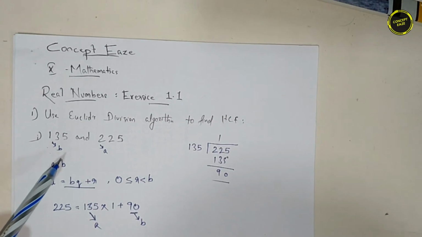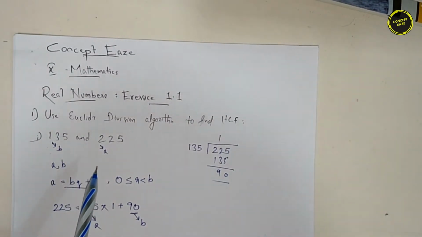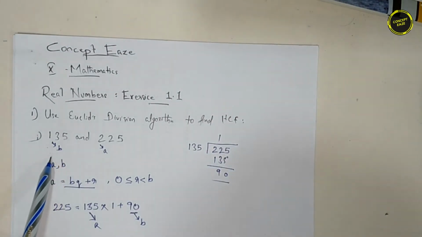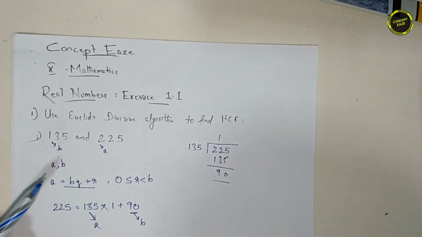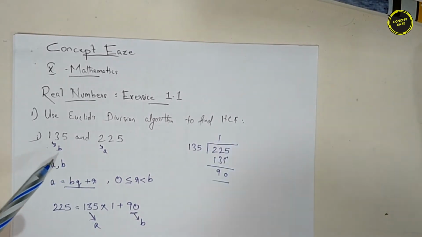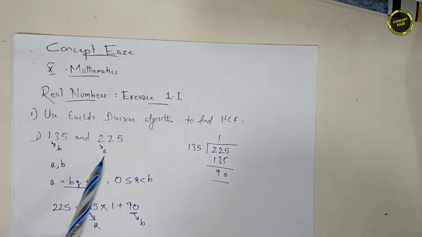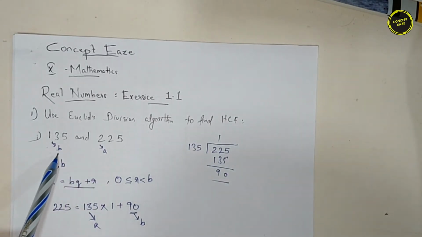In our case we have two positive numbers, so our task is to find which one is our a and which one is our b. It's no big deal. The largest number will be your a and the smallest will be your b.